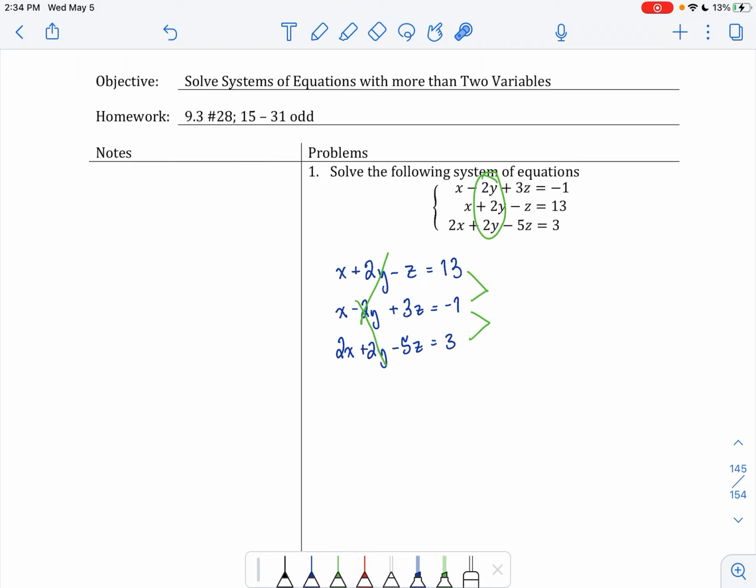So these two together would combine to 2x plus 2z here. So 2x plus 2z is equal to 13 and negative 1, which is 12. And then the bottom two also eliminate the y's. So then we get 3x minus 2z is equal to 2.